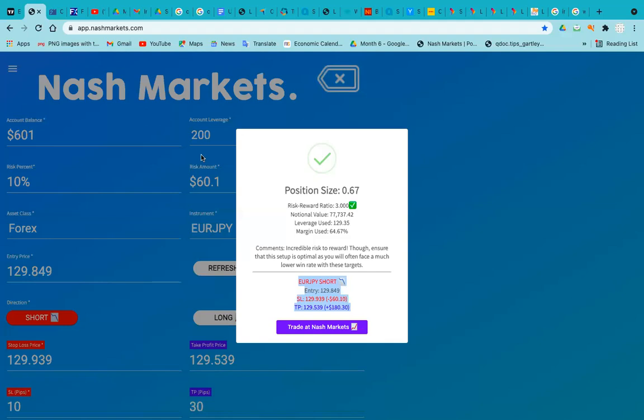I use 0.50. Why? Because I'm already done for the day. I just saw this setup, and I think it's a nice setup. So I just want to jump in and see what it has to offer.